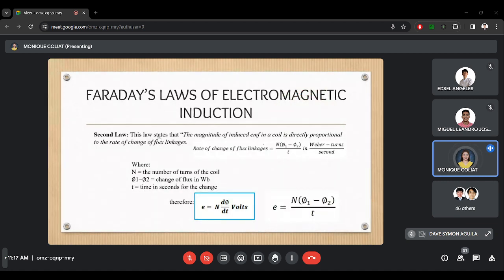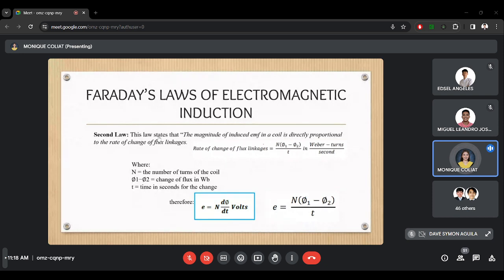So how can you get that induced EMF or voltage? How can you compute it? That is in the second law. This law states that the magnitude of induced EMF in a coil is directly proportional to the rate of change of flux linkages.